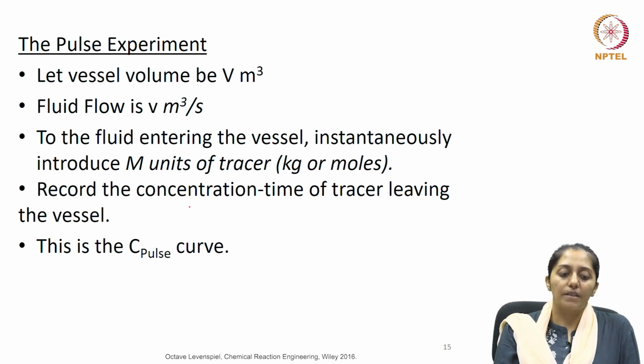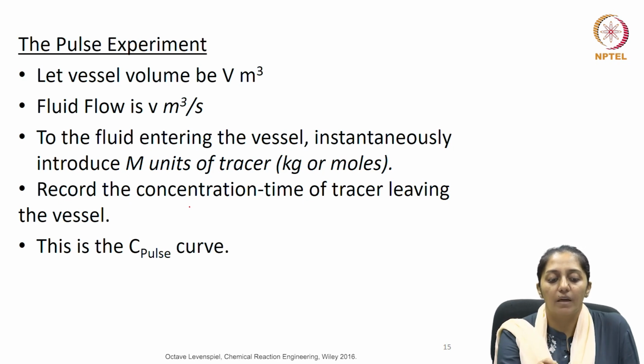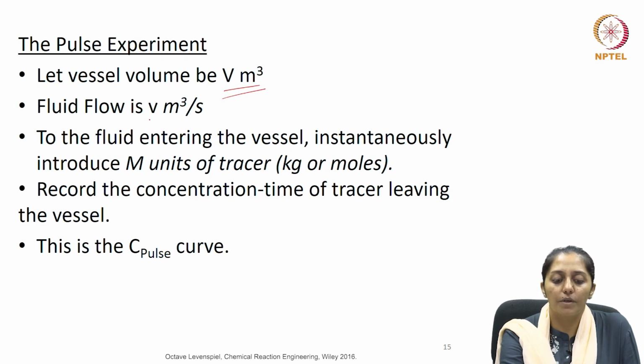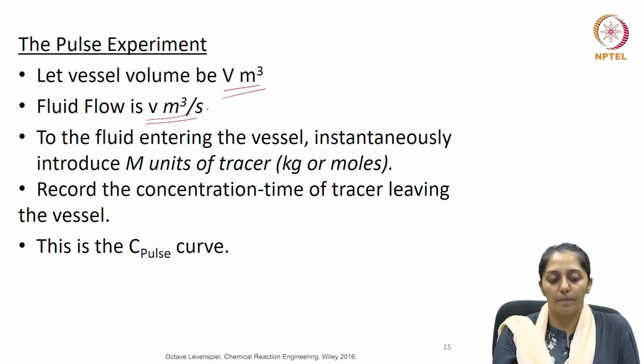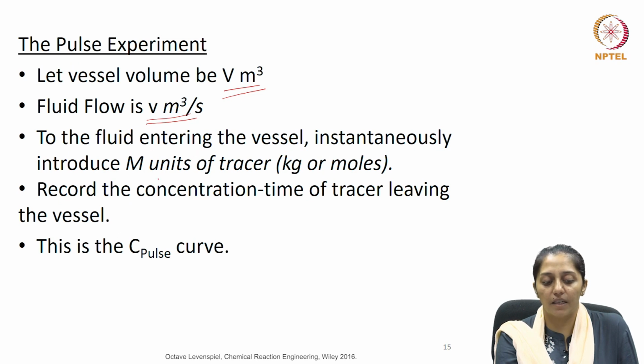In the pulse tracer experiment, please make note of the notations to be used here. Let the vessel volume be V meter cube, the fluid flow be represented by small v, and the vessel volume by capital V. The fluid enters the vessel, and instantaneously we introduce m units of tracer, in kgs or moles.